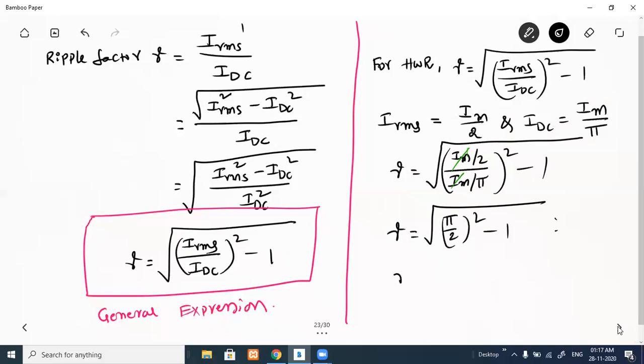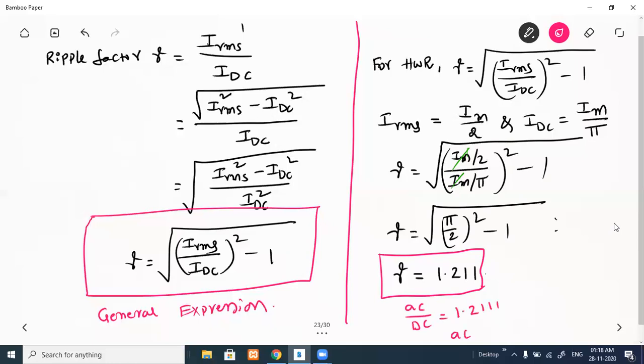So the gamma of a half-wave rectifier is equal to 1.211. So here gamma means AC component by DC component, which is equal to 1.211.